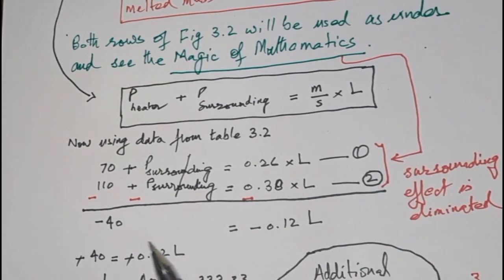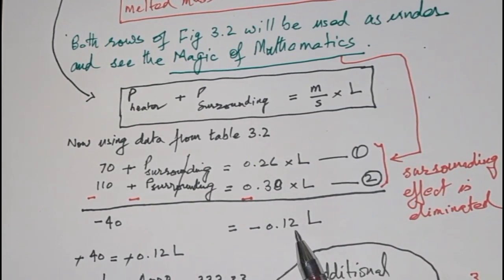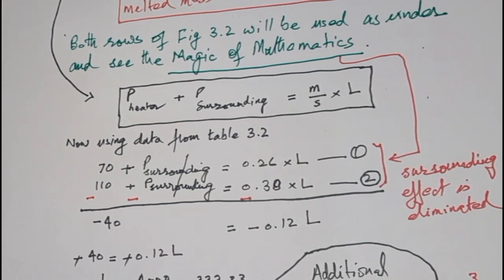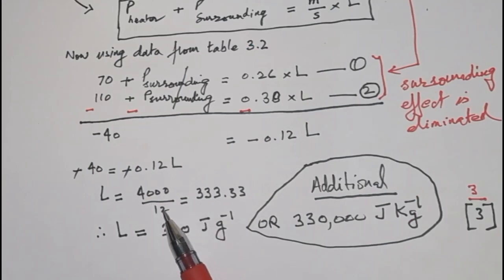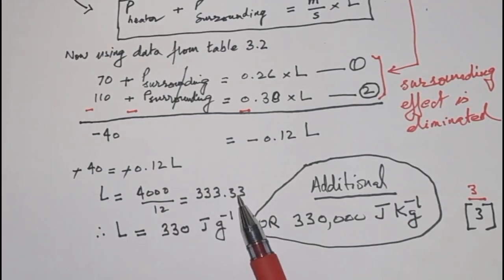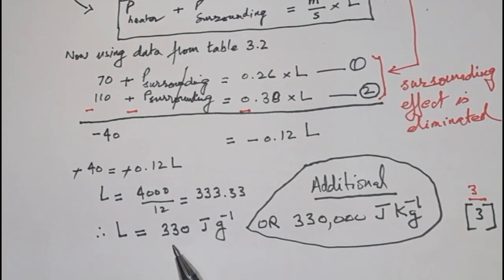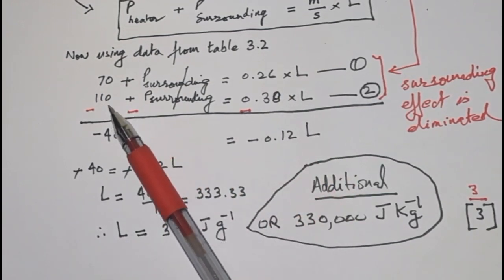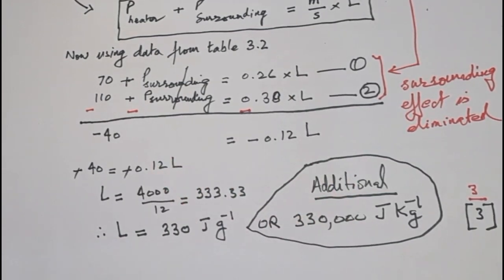So we get minus 40 is equal to minus 0.12 L. So L is equal to 40 over 0.12, which is 4000 over 12, comes to be 333.33, and rounded off to 2 or 3 significant figure, 330 joule per gram, because we have 3 or 2 significant figures.